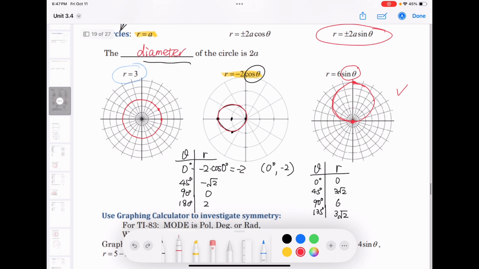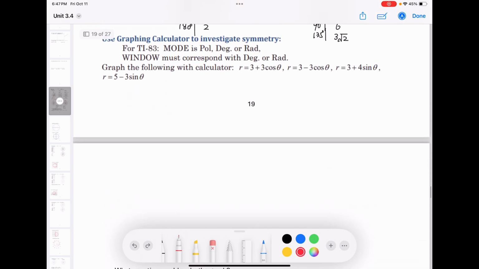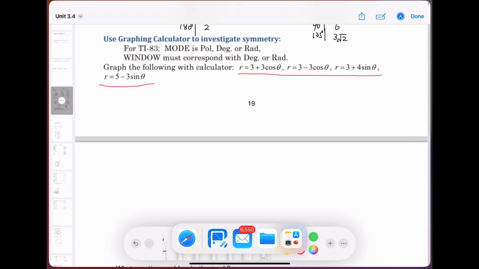Okay, we can use the graphing calculator to graph these equations. They are not functions, they are polar coordinates shapes.